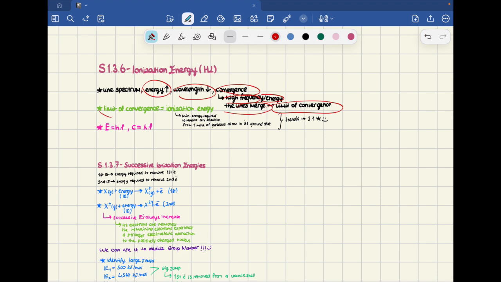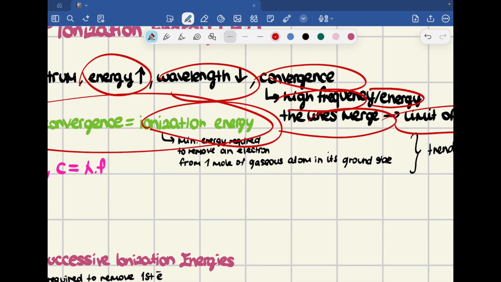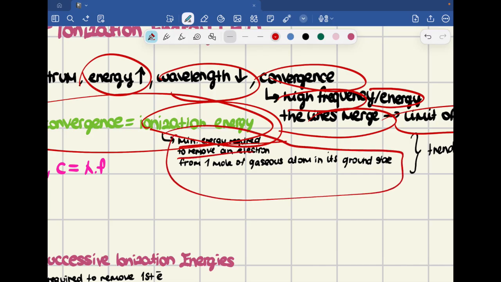And the limit of convergence actually corresponds to the energy needed to completely remove an electron from a gaseous atom, and this is called ionization energy. The exact definition is the minimum energy required to remove an electron from 1 mole of gaseous atoms in their ground state. So we must memorize this.